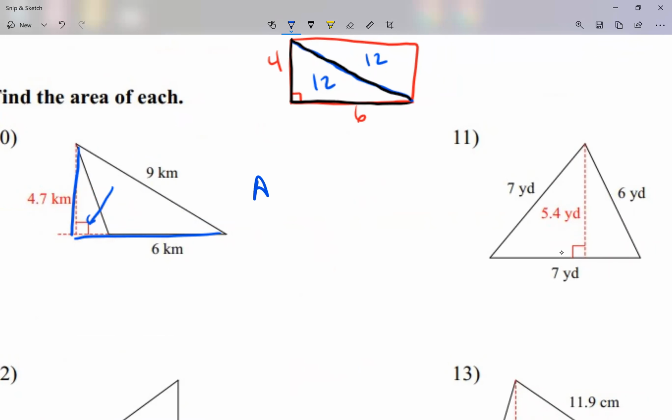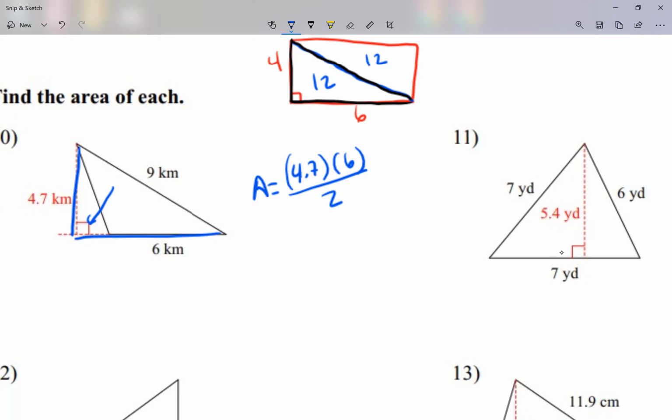My area, A for the area of my triangle, is going to be 4.7 times 6. But I know 4.7 times 6 gives me the area of a rectangle. Whatever I get, let me divide this by 2 because a triangle is half of a rectangle.